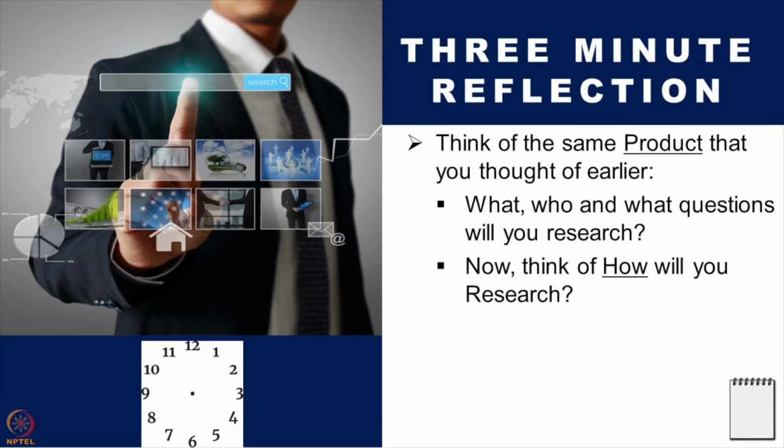Primary, secondary. Will you walk the streets, watch the trolley? Will you do Google Trends, Google search? Will you look at a McKinsey report or a Boston Consulting Group report, etc., etc.? So reflect for 3 minutes.